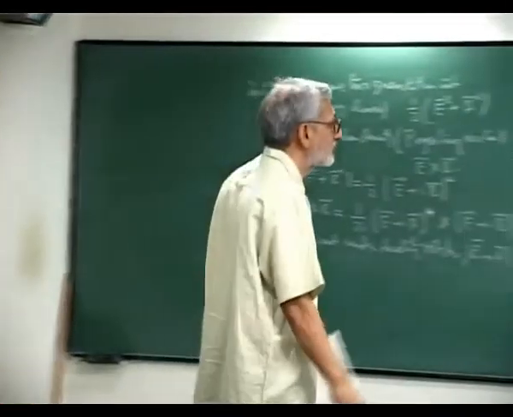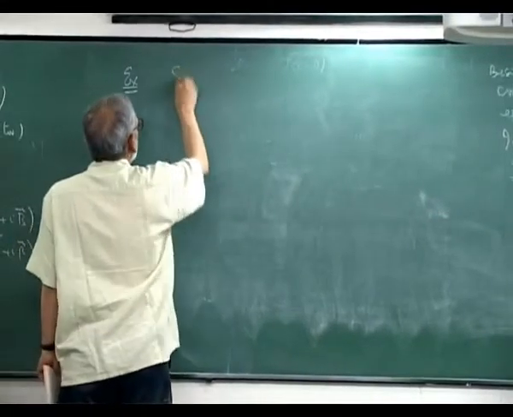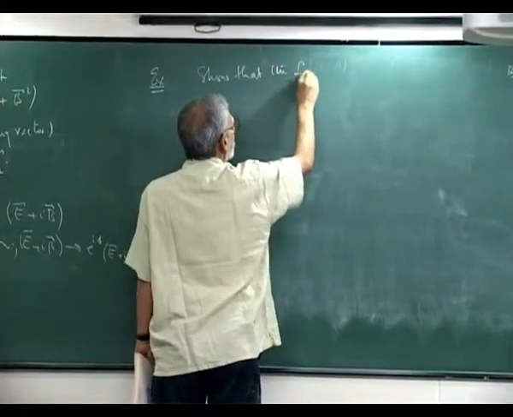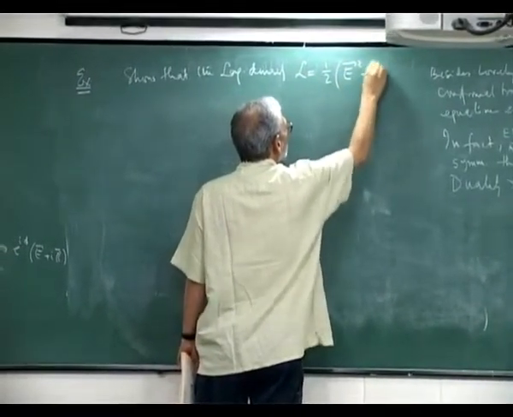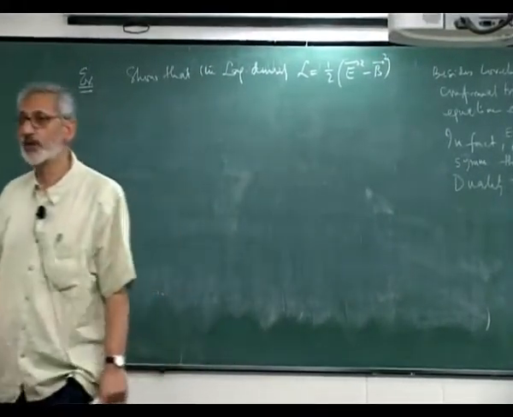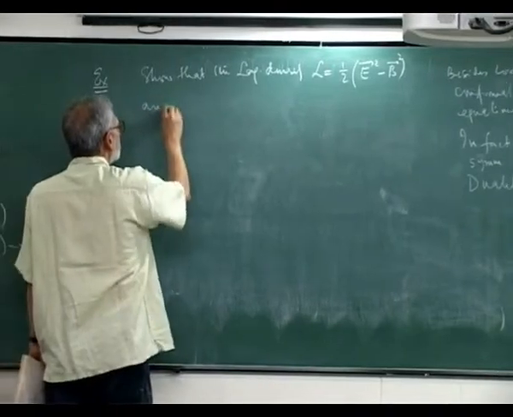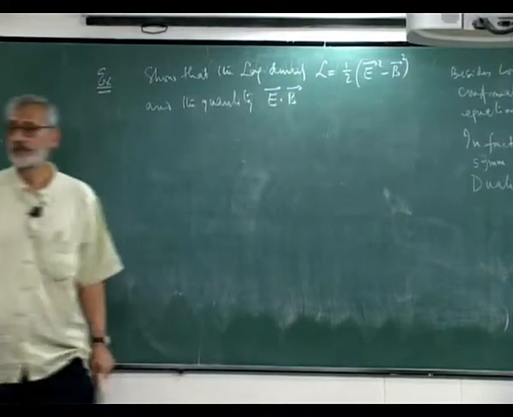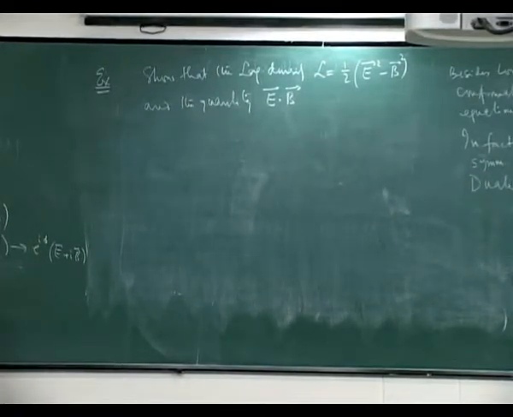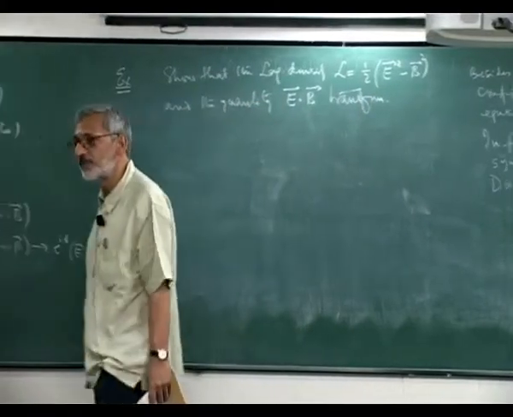Now this is an exercise. Show that the Lagrangian density, which for pure electromagnetism is E square minus B square, and the quantity E dot B transform under this duality rotation into each other.